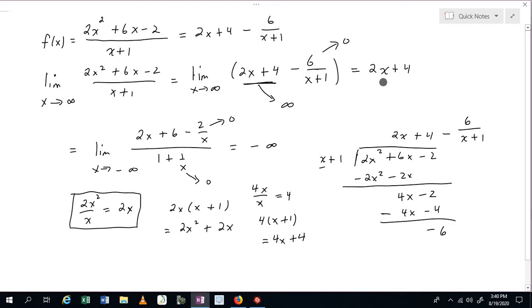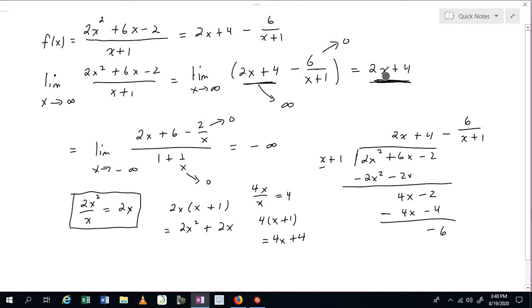In other words, it's getting closer to 2x plus 4. Now, as this happens, x is getting larger and larger. Okay, so when x is 10, this is getting closer to 24. 100, it's getting closer to 204. 1,000, it's getting closer to 2,004, and so on. But as x is getting larger, it is getting closer to this number, 2x plus 4. But it's also heading towards infinity, right?